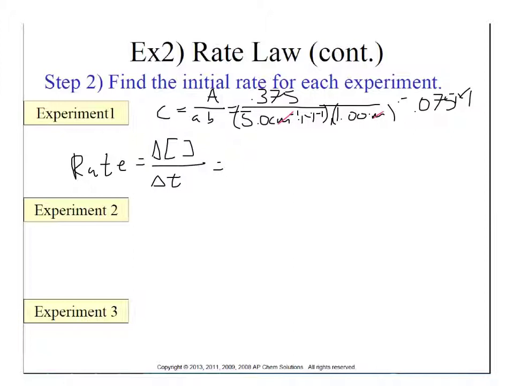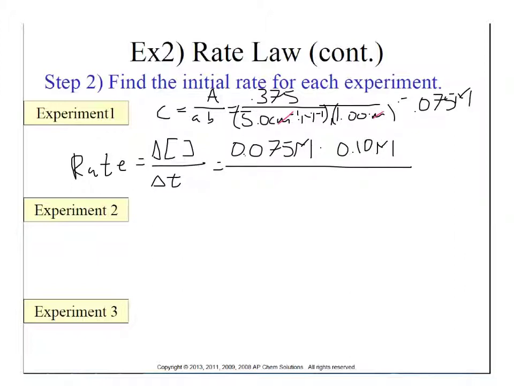And so then plugging that into our rate, it's going to be a change in concentration, which would be the final concentration minus the initial. And so the final is what we just found at 0.075 molar. Minus the initial concentration, which was 0.10, sorry, molar.